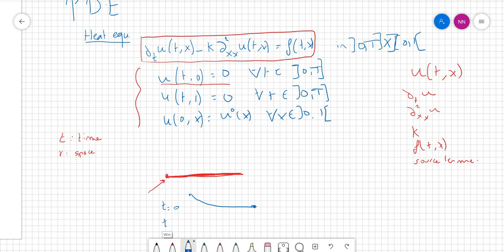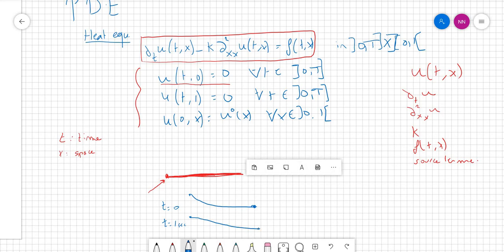But at t equals 1 second, we have the heat applied at the initial point, it's still here, but then the heat is propagating, so the temperature is going up a little bit, and then it's going back down to 0.